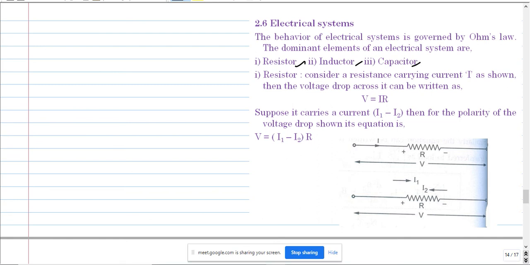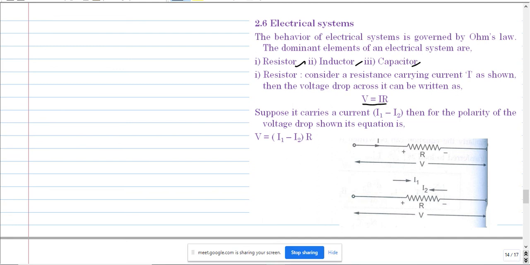Here you can see for the resistor, if you consider a resistance carrying current I, as in the figure, the voltage drop across the circuit you can represent as V is equal to IR. This equation is important while considering any electrical system.